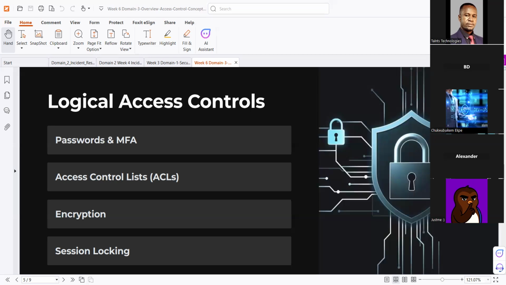The user is the subject. Let me explain it to all of us again. In how access control works, this thing comes out in the CC exam, it is non-negotiable. A subject is a user or a system.